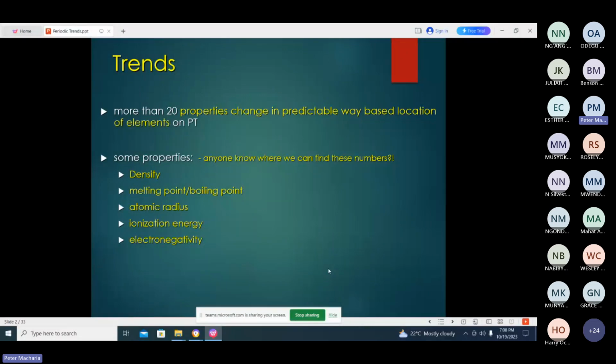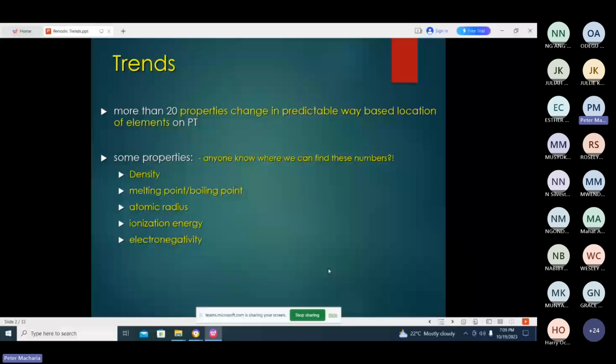So the predictable trends that can be studied include density, melting point and boiling point, atomic radius, ionization energy, and electronegativity. Mostly the trends I'm going to look at today are atomic radius, ionization energy, and electronegativity.